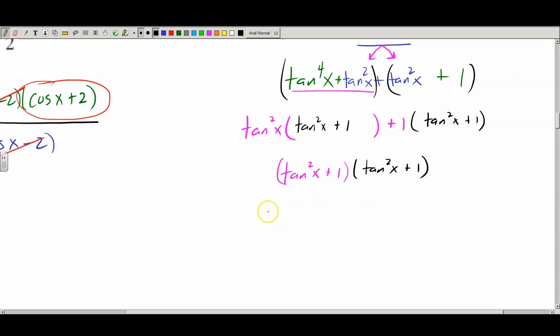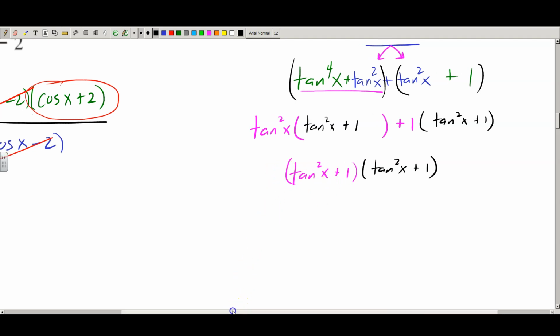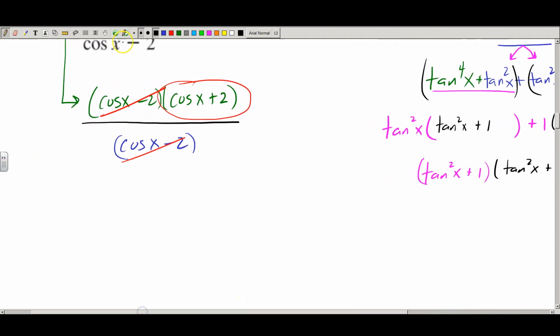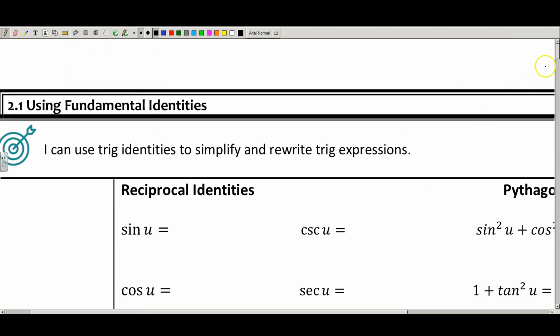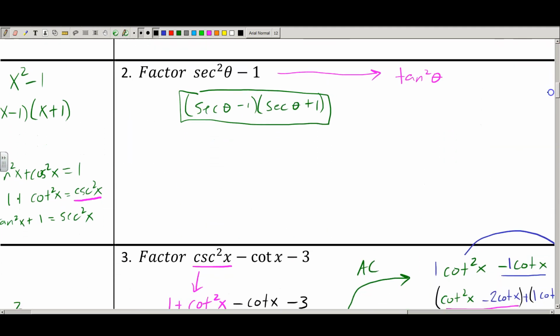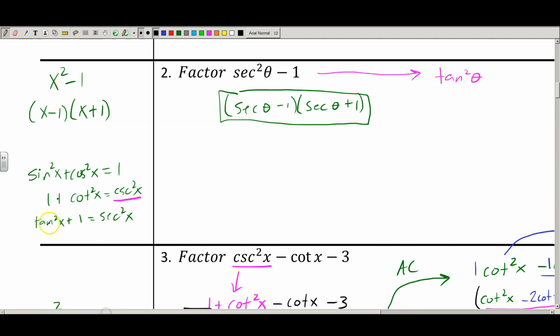And when you're looking at this problem, remember tangent squared x plus 1, that is a trig identity. If you look back at what I had written down here before, tangent squared plus 1 is equal to secant squared.